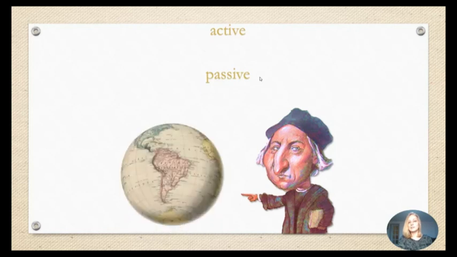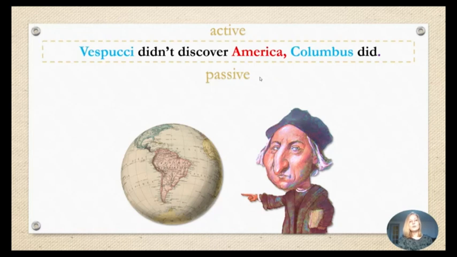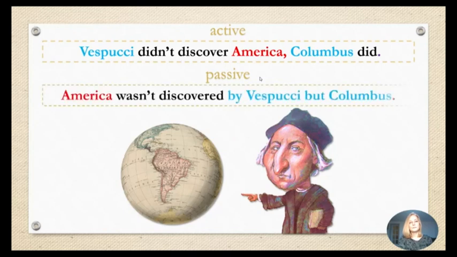Is it more clear now? He's pointing to America. This is Columbus, yes. Vespucci didn't discover America, Columbus did. Be careful, this is a negative sentence. America wasn't discovered by Vespucci, but Columbus.